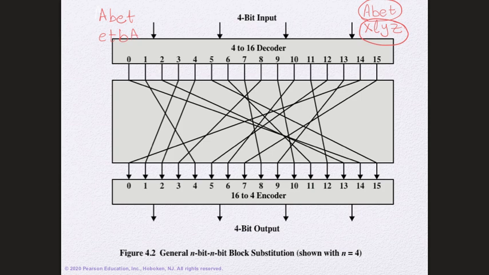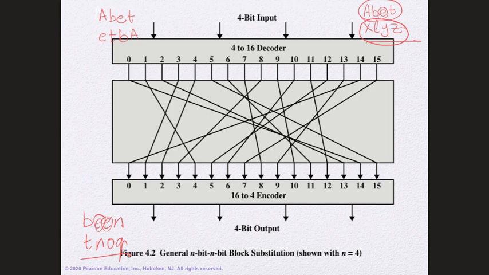Assume I want to map the word been, the past participle of the verb to be. B-E-E-N, I'm going to map those four letters to T, N, O, Q. Notice I have the letter E here, but none of those letters appear there, because it's an arbitrary 4 to 4 mapping.